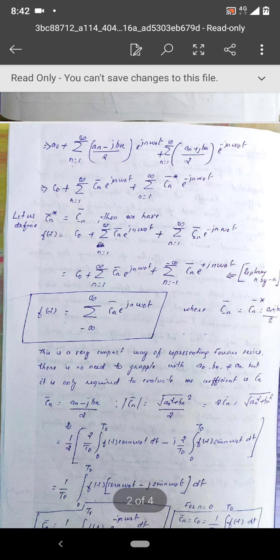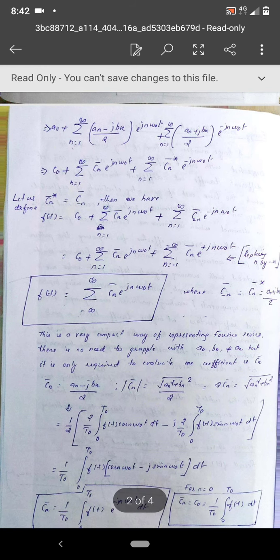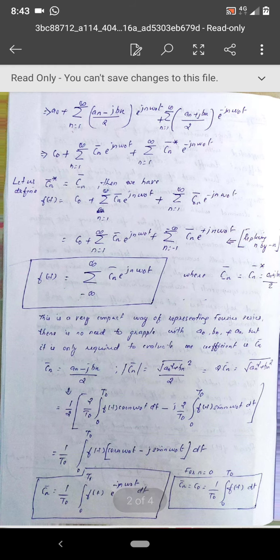Now, you replace the dummy variable. Replace minus n by n in the last term. Okay, what you get is c naught will remain the same. The second term, that is summation from n is equal to 1 to infinity cn bar e raised to j n omega naught t, will also remain the same.